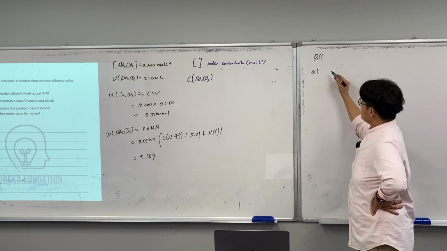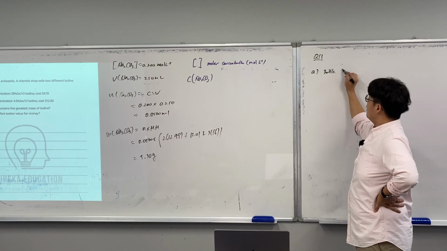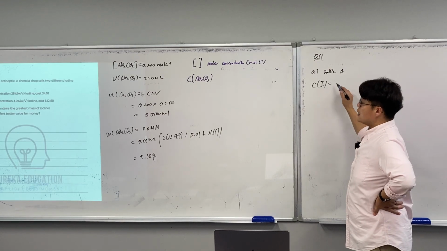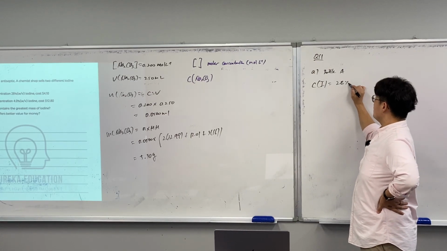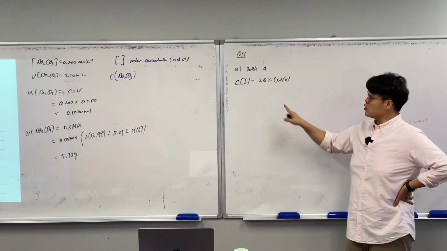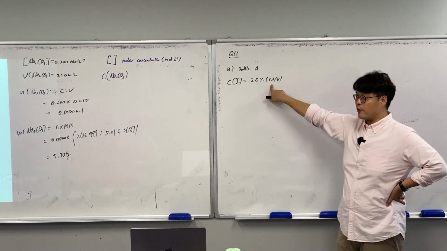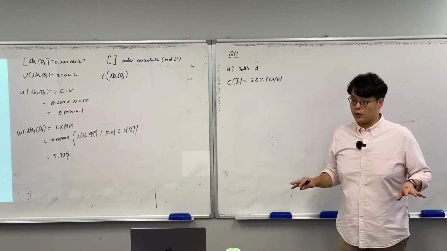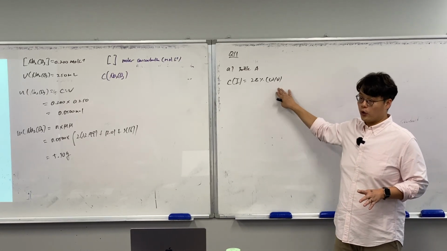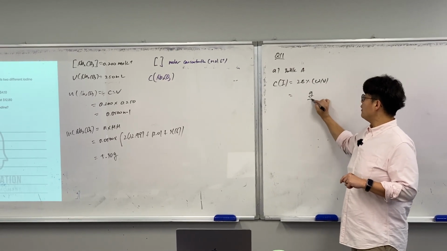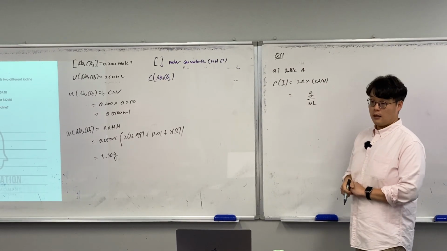For bottle A, the concentration of the iodine is 28% weight per volume. Now, when you use the percentage, make sure you use the bracket with the weight per volume. It could also be volume per volume, weight per weight. You never know. You've got to specify weight per volume because this means gram per milliliter.